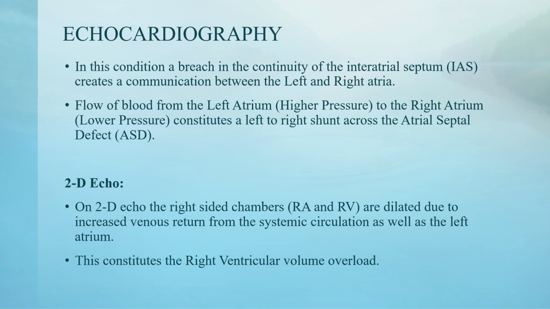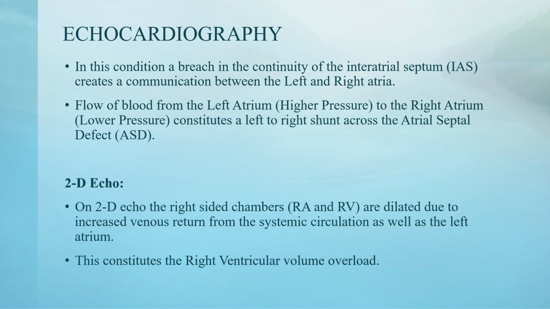First, in echocardiography we will see the 2D echo. Using 2D echo, what features do we assess in an ASD? First, we will see that the right sided chambers, the right atrium and the right ventricle, are dilated because of the increased venous flow, that is, increased blood flow.